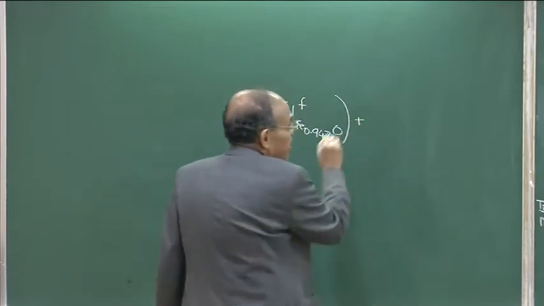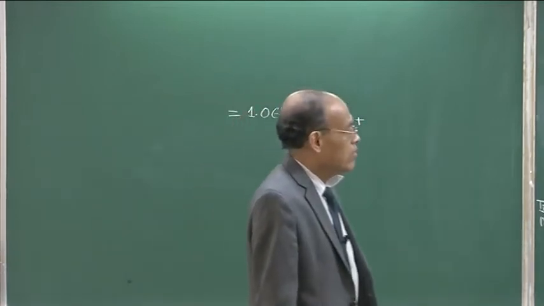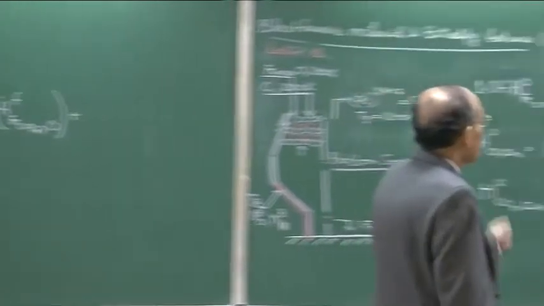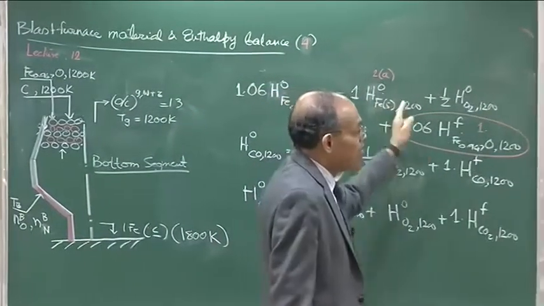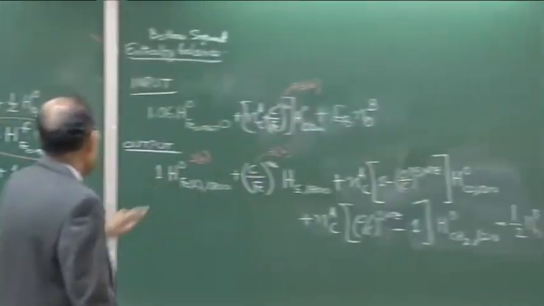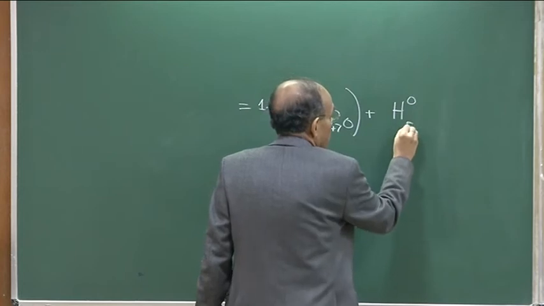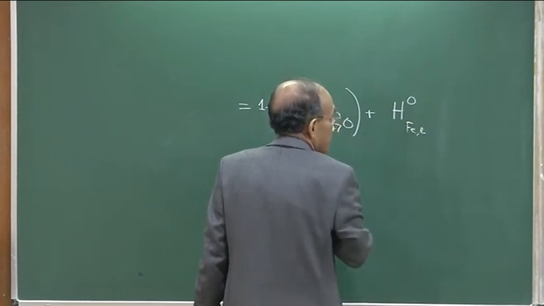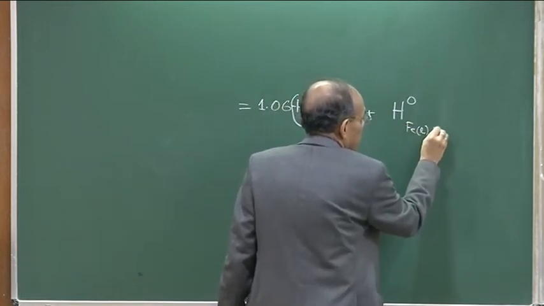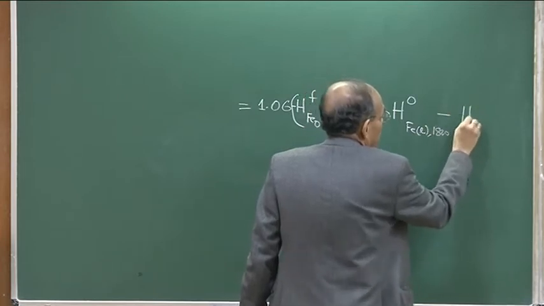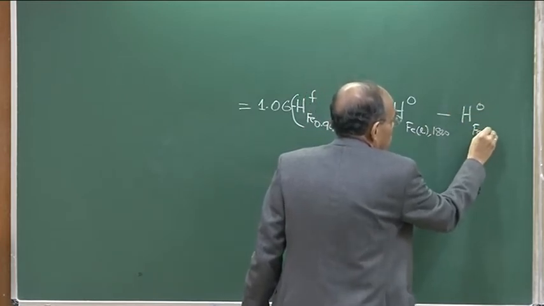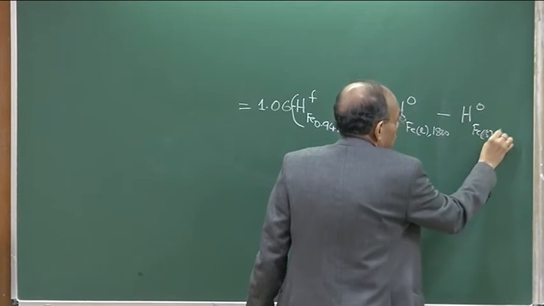Then if I treat the 2a and 2b, okay, so 2a will have a negative sign because it is going on the other side, and then I have 1 mole common, and then I have H naught Fe liquid, already existing term, at 1800 minus H naught Fe solid at 1200.